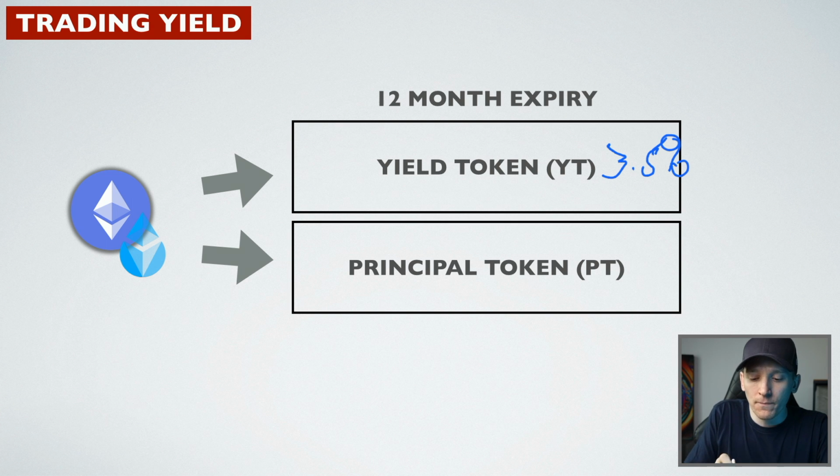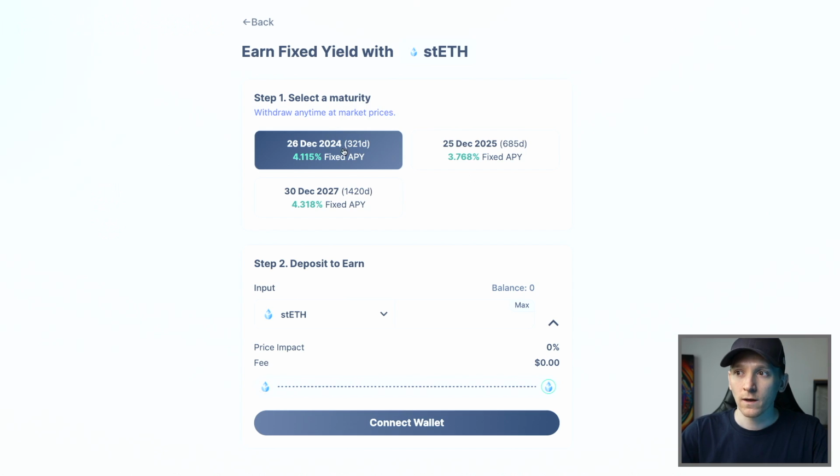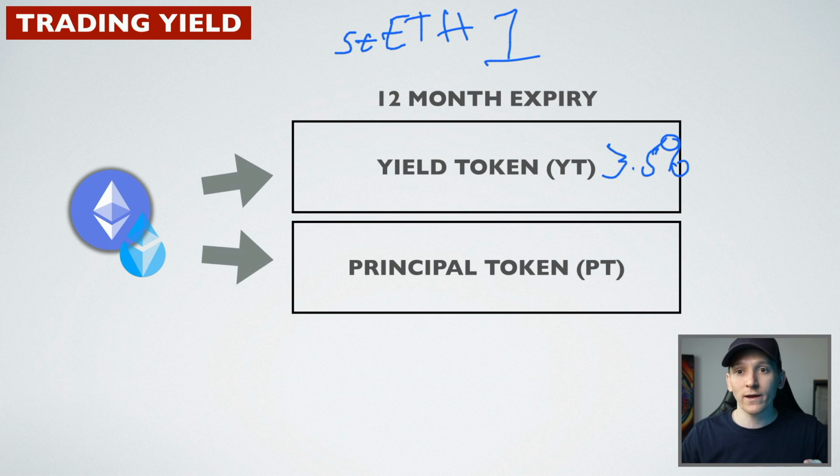So as an example, if you were to get a fixed yield and you have, let's say, 1 staked ETH and you want to get that fixed yield, what you're going to do with the other person is trade this 1 staked ETH at a discount to par. Now, 1 staked ETH is always redeemable for 1 staked ETH at the maturity of the contract, which you can see here are different time periods. The way you fix your yield is to trade this at a discount.